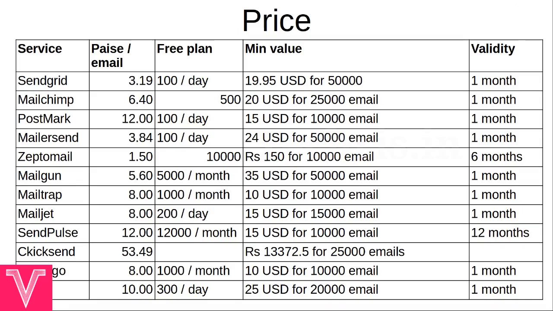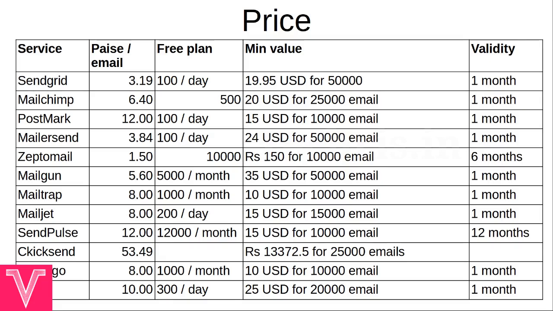The link for all these services is given in the description. So we have considered the basic usage of 10,000 emails a month. We have calculated the amount in paisa, that is Indian currency, spent per email. To give a perception, 80 paisa is equivalent to 1 cent in US.